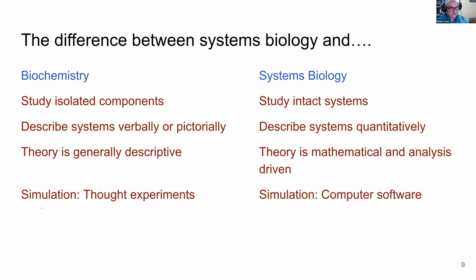There's really no theory other than descriptive theory. You may be thrown a little bit of enzyme kinetics, maybe, if you're lucky. But that's about it. And simulation, when I was taught biochemistry, our metabolic lecturer really did not like people who use computers.